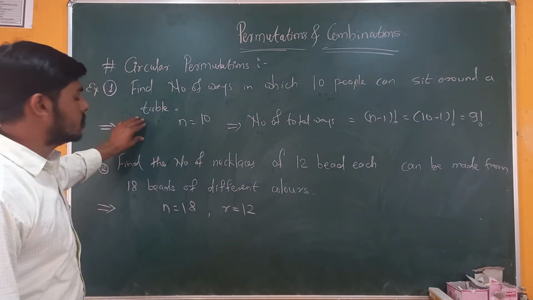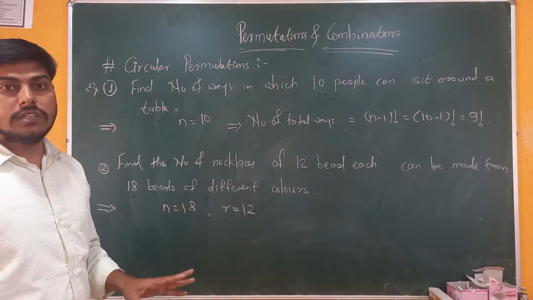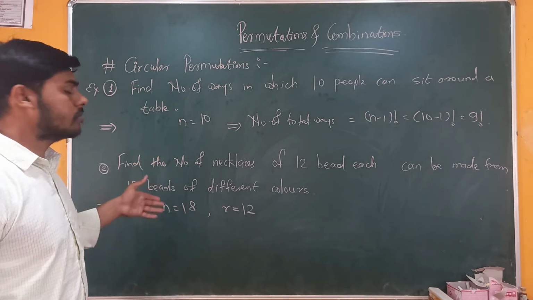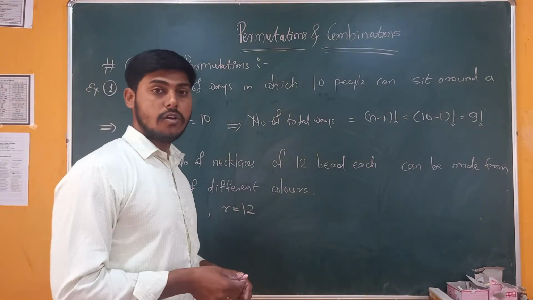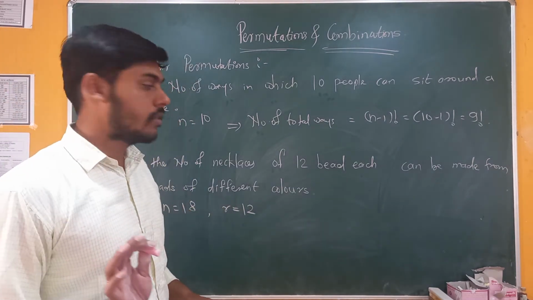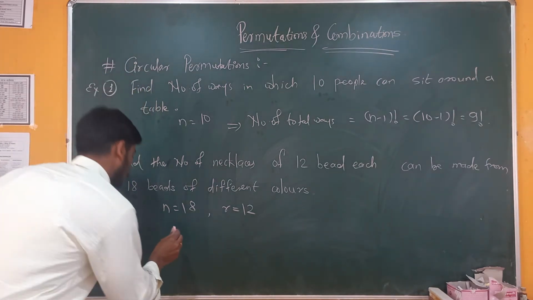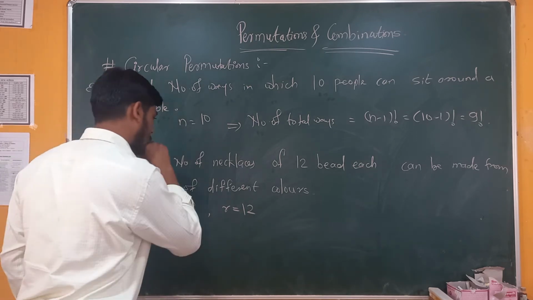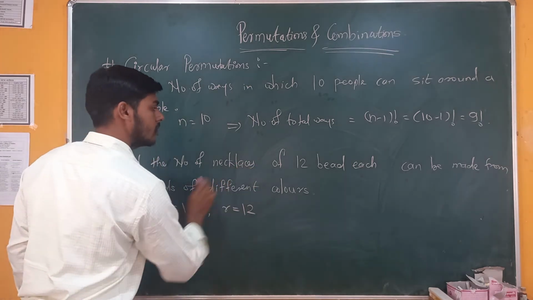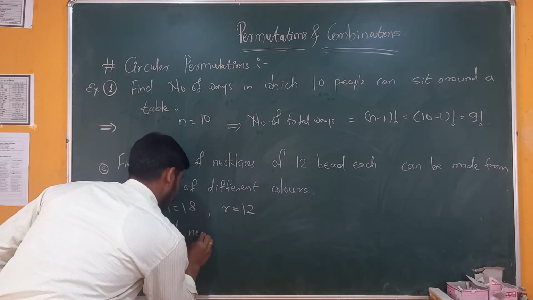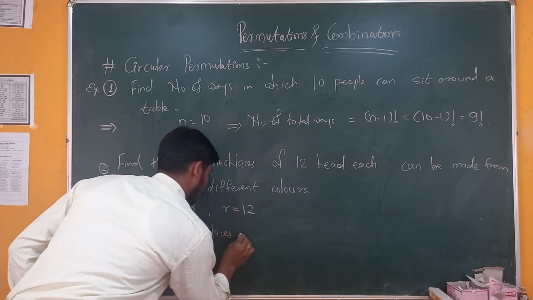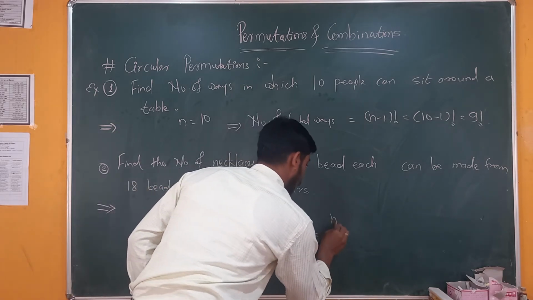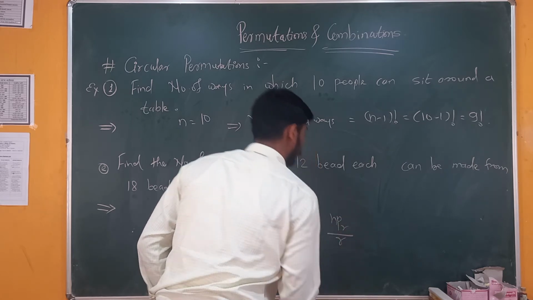Now we are going to use the formula for the number of circular permutations of n distinct objects taken r at a time. The number of necklaces that can be made would be nPr divided by r.